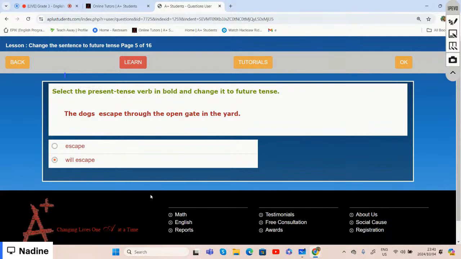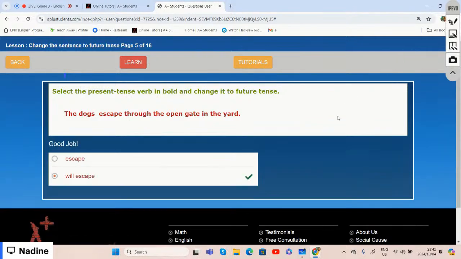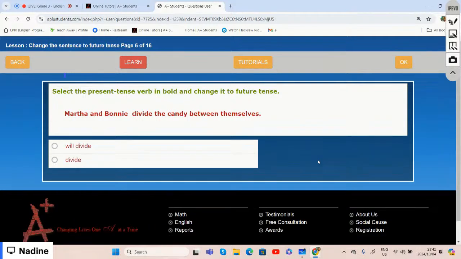All right. So we can say the dogs escape, and then we say the dogs will escape. Yes, well done. So will escape.